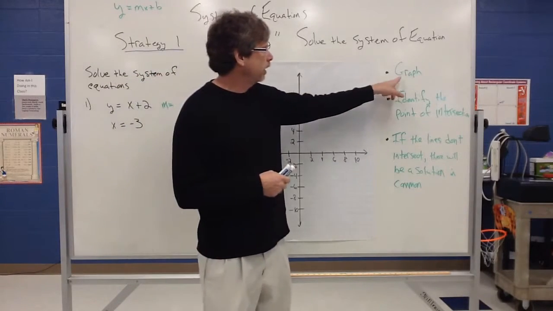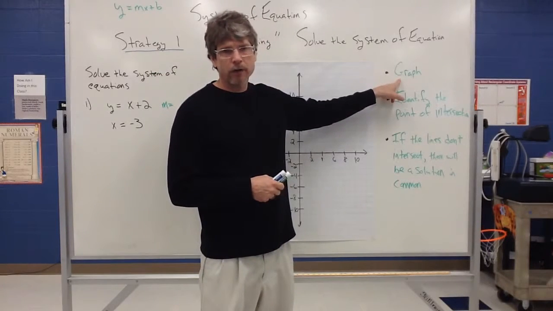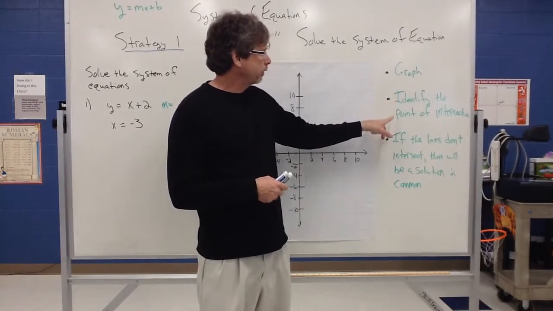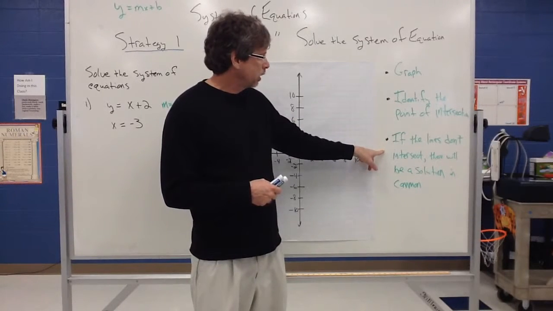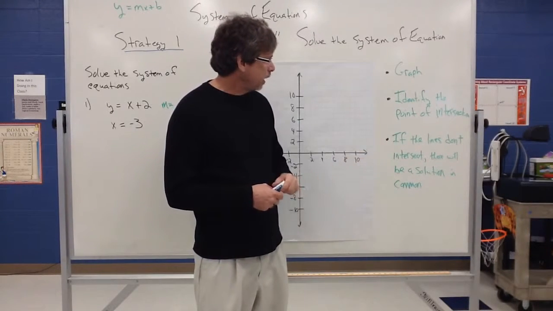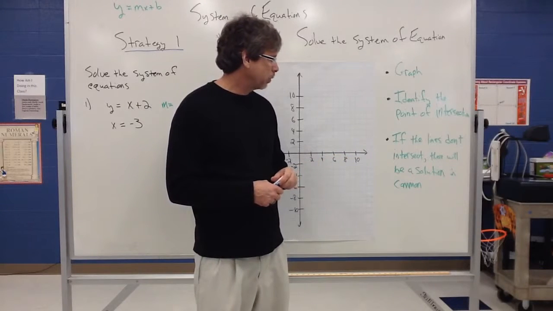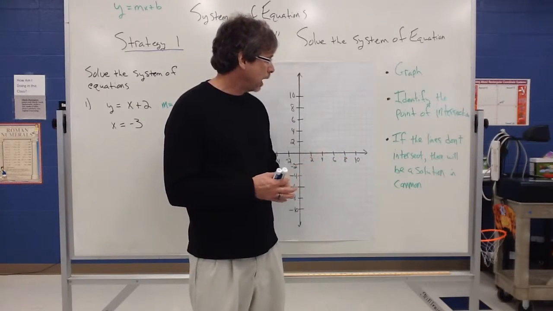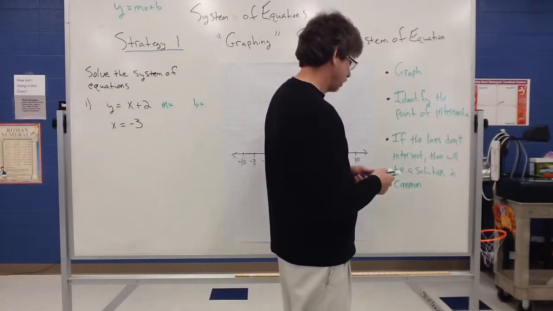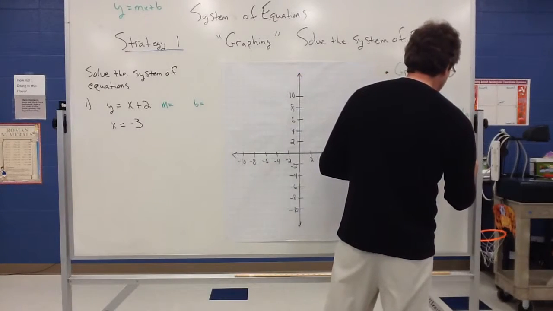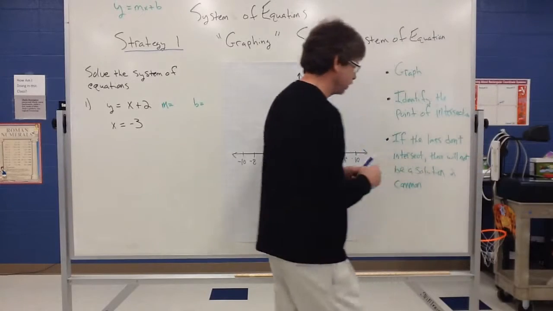So our objective today, we're going to use a strategy involving graphing. We're going to graph, identify that point of intersection, and also make a little note. If the lines don't intersect, there will not be a solution in common.